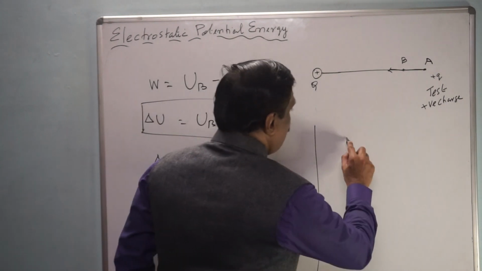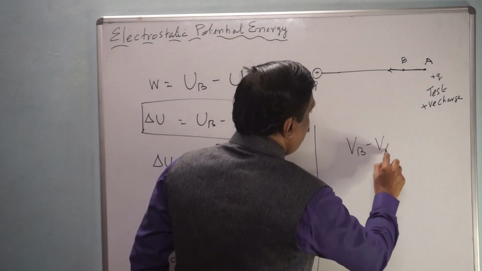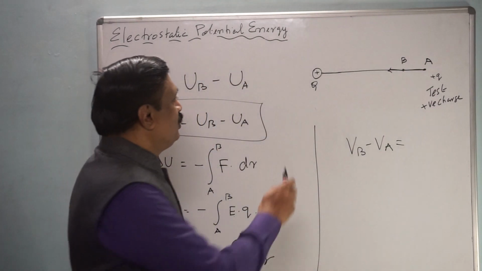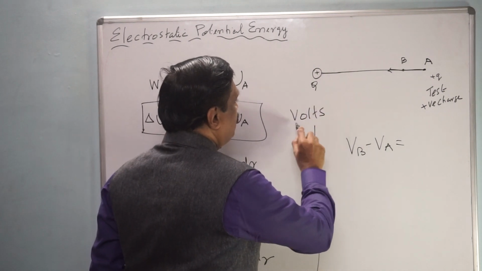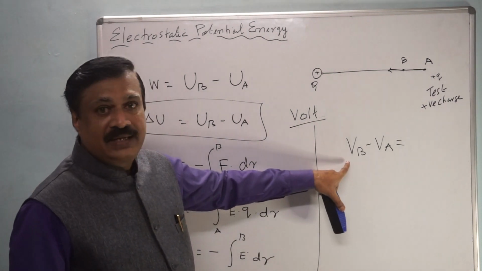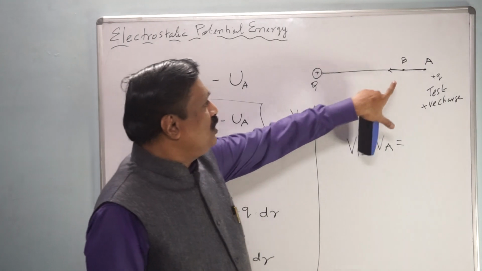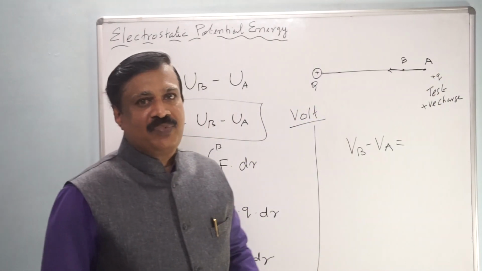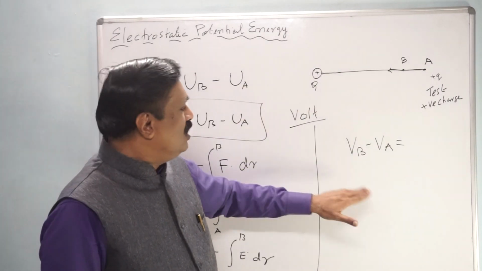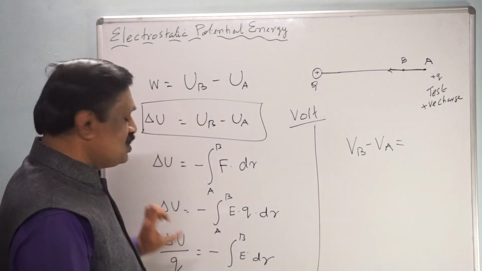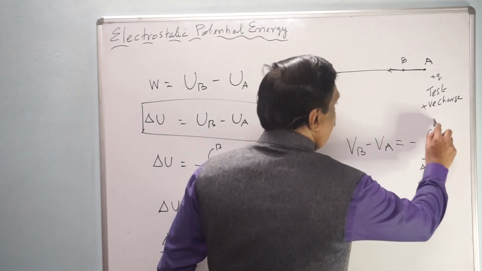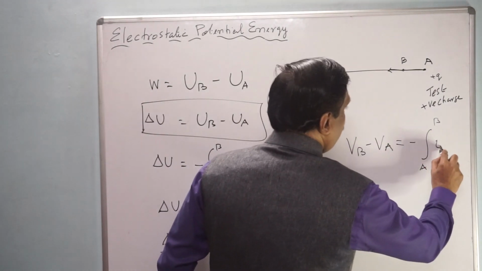You can write this as VB minus VA. Potential is measured by the unit volt, therefore we are using the letter V. So voltage at B and voltage at A. Voltage at B will be greater than voltage at A, just like your gravitation. You just compare always. Therefore VB minus VA, that means this is the energy, which is equal to minus integral of A to B of E dr.